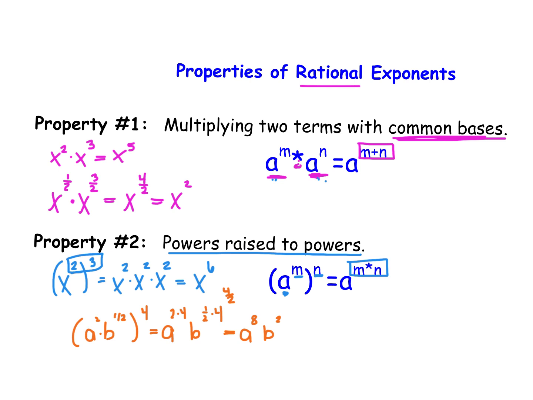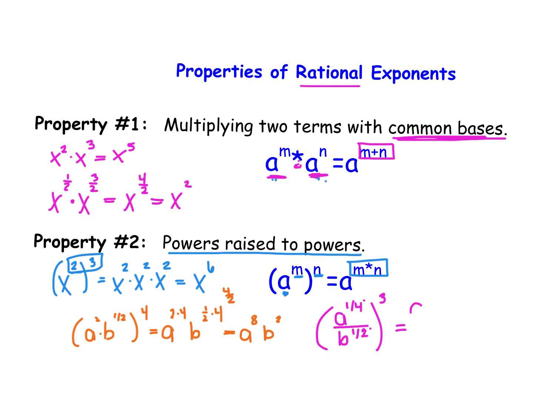The other cool thing about this property is that it also applies when we have some sort of fraction. So say we have a to the power of 1/4 over b to the power of 1/2, and say that this is raised to the power of 3. Again, because of how powers to powers work, each one of these powers would get multiplied by 3.